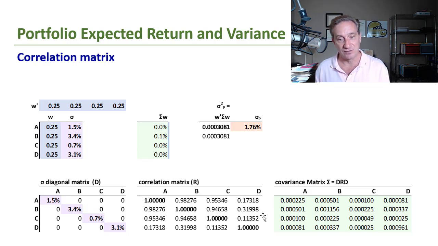Here's a correlation matrix. The telltale sign of a correlation matrix is that its diagonals must have 1s, because the correlation of A with itself must be 1. So we need to have diagonals, and then we really only have an upper or lower triangle because they are mirror images of each other. In this correlation matrix, for example, I've got a value here of 0.17318.